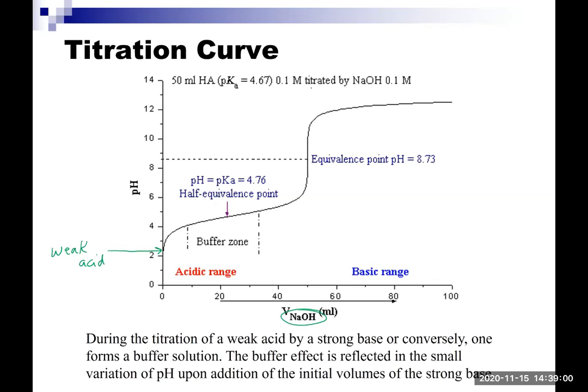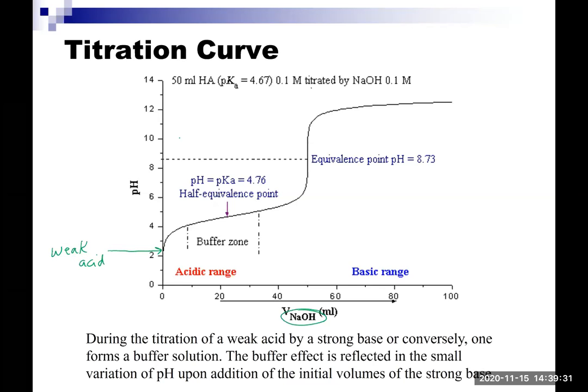Now, in the video that you watch, you have a strong acid and a strong base neutralizing each other. So the equivalence point is at a pH of 7. But here, because we have a strong base, that skews the pH of the equivalence point to a higher value that is slightly more basic, 8.73. We know at the equivalence point, we have equimolar amounts of our acid, and here they're telling us it's HA.